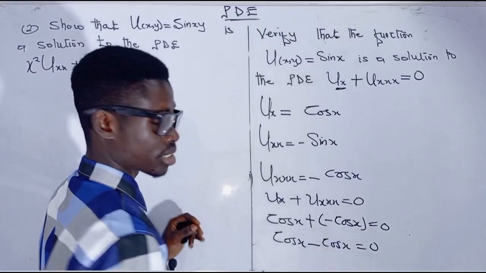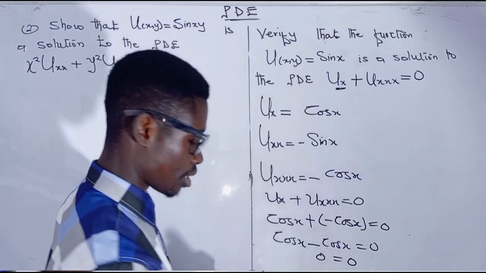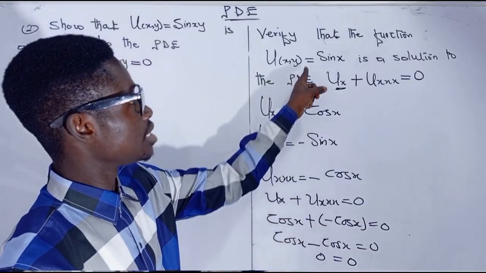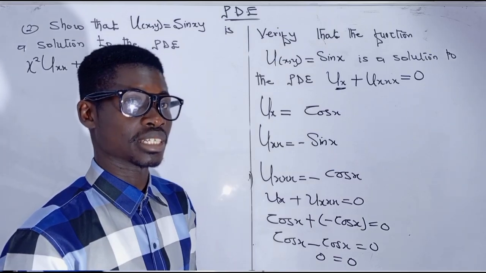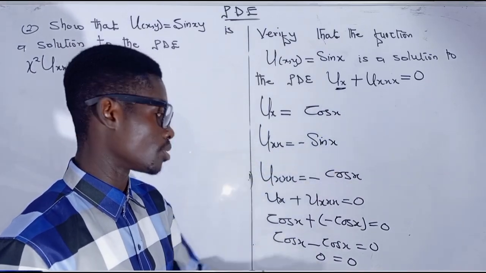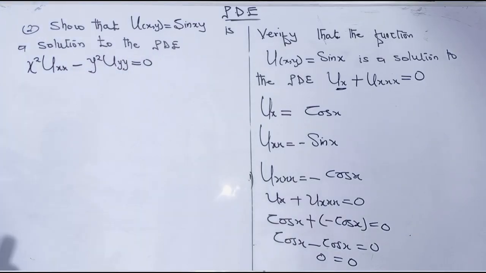So cos x minus cos x will give us 0, and this is the same as what is on the right hand side. You can therefore say that this function is a solution to the given PDE because it satisfies the PDE. What is on the left hand side is equal to what is on the right hand side. Very easy and simple.